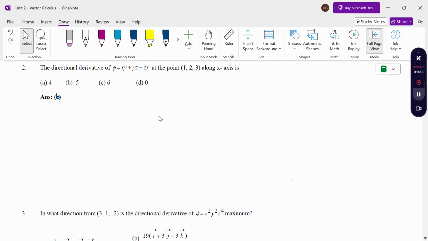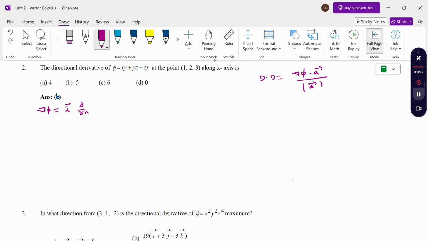And then next, directional derivative of phi given at the point (1, 2, 3) along the x axis. Now the directional derivative is nothing but del phi dot a vector divided by modulus of a vector. Now first to find del phi. Del is i into ∂/∂x plus j into ∂/∂y plus k into ∂/∂z, into (xy + yz + zx).